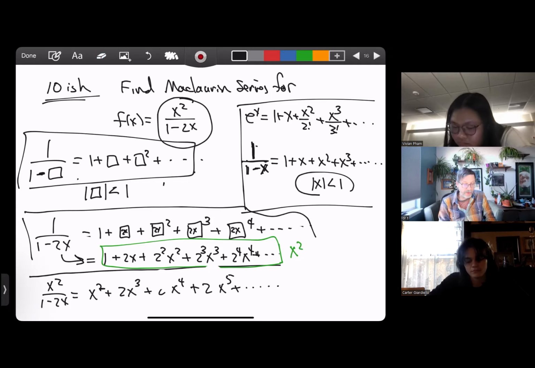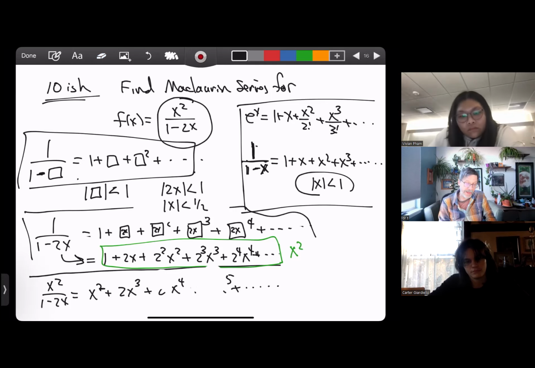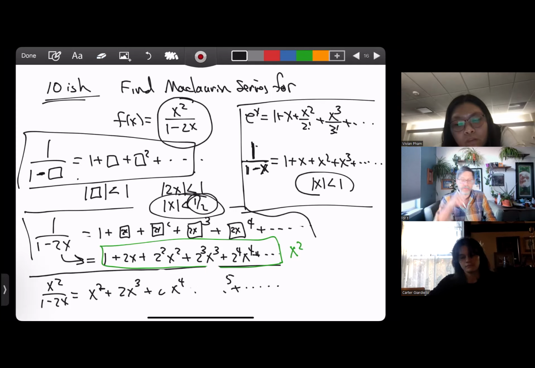Here that's a 2x in this problem, so x has to be less than 1/2. That gets me my radius of convergence: it's actually 1/2 when I replace that x with a 2x.